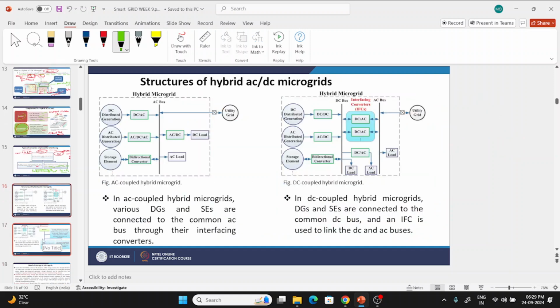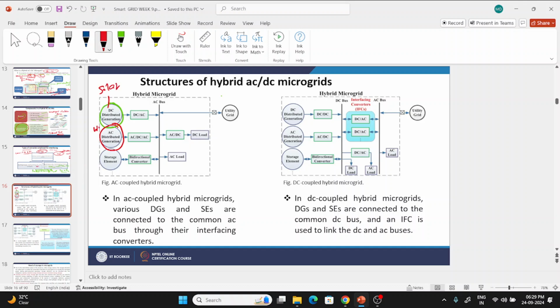Now coming towards the structures of the hybrid AC to DC microgrids. This is a hybrid where distributed generation is there. AC distributed generation and DC distributed generation. For DC, we will be using solar.